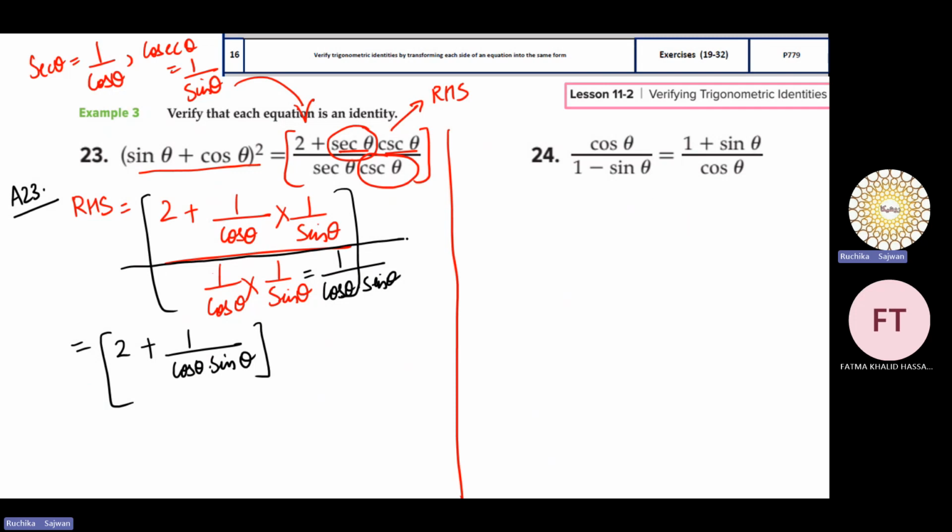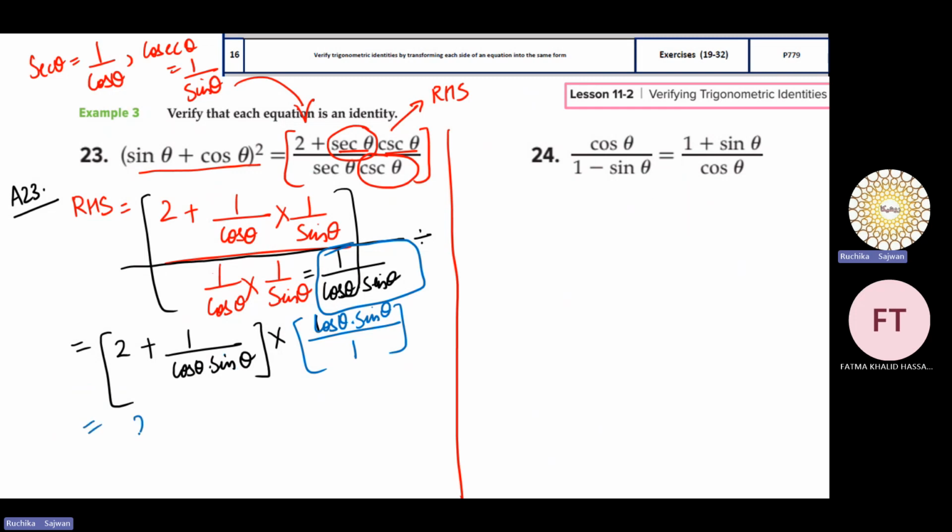Okay, so this division, I'm changing to multiplication. So can I say reciprocal will happen? So the reciprocal of this term we are taking. So 1 over this was there, so it will become cos theta multiplied by sine theta over 1. This is the reciprocal. So when you convert division to multiplication, remember reciprocal happens.